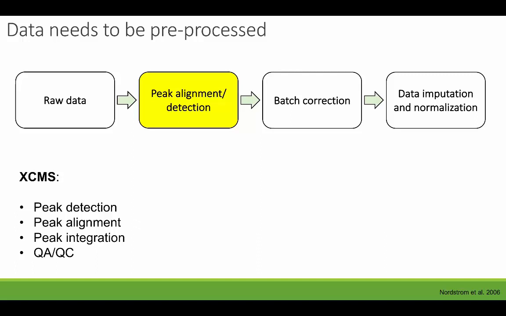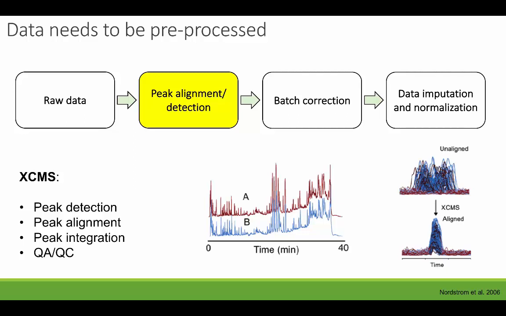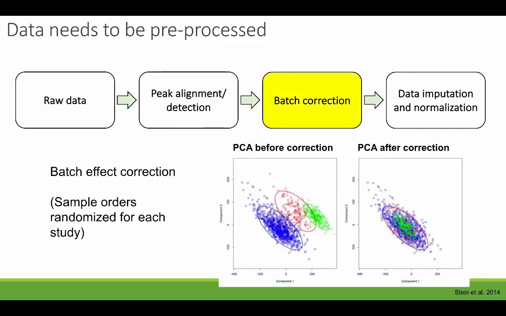This is generally achieved through a package called XCMS. And what happens is that it takes the chromatograms and it aligns all of the peaks across all of the samples, and it is able to say whether a peak is actually a peak, and then it detects the abundances of each of these peaks in all of the samples.